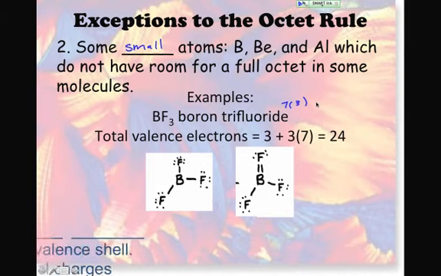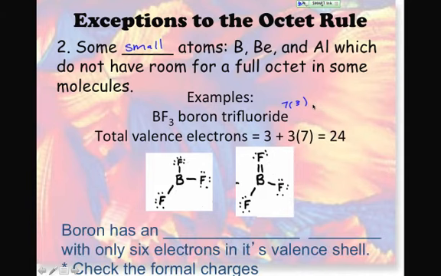You can use the formal charge to decide which one seems like the best bet. You see, boron has an incomplete octet. That's what it's called. An incomplete octet, meaning there's not enough electrons. Look, 2, 4, 6. Only 6 electrons.